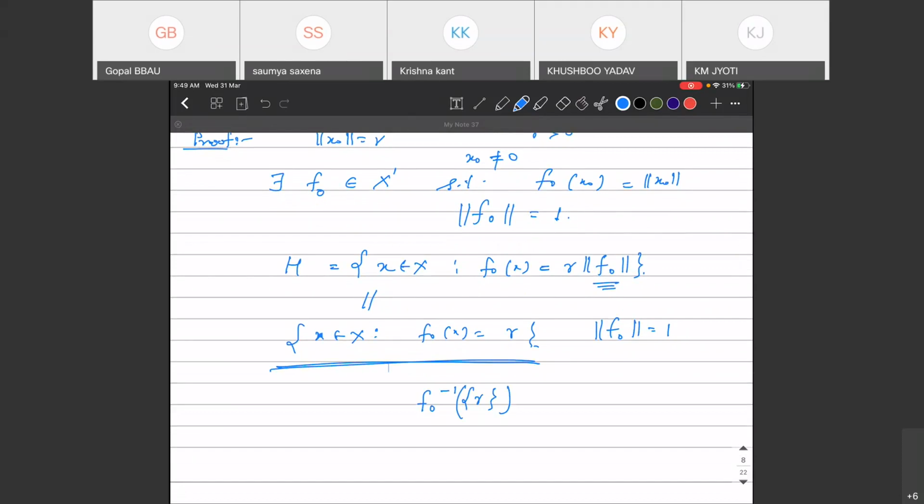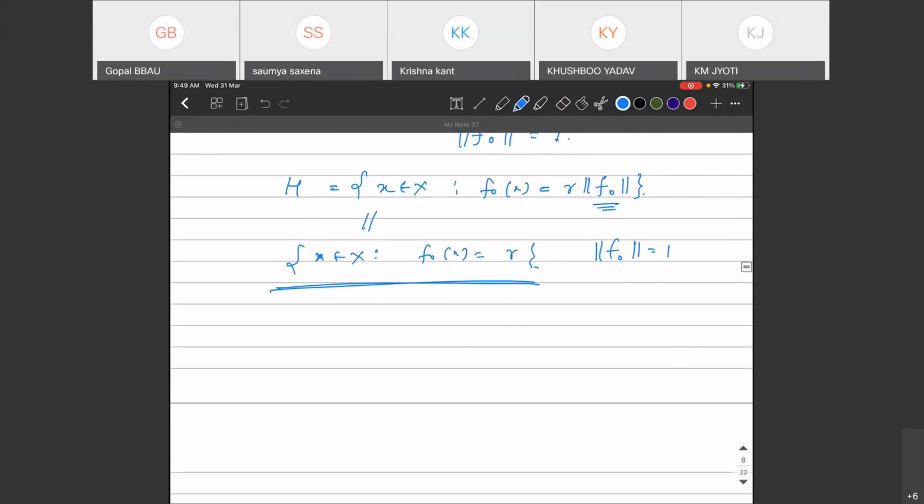So this is of codimension 1, and in fact, wait a minute, let's see how this looks. Here is your sphere.